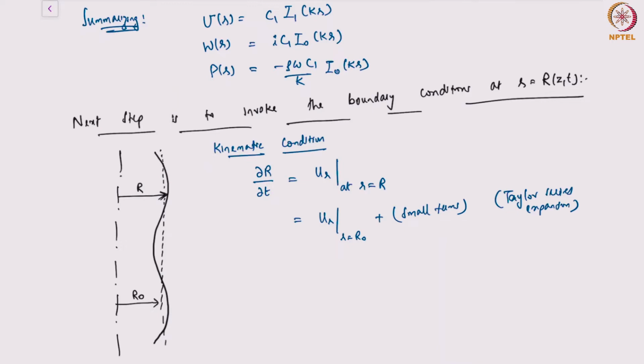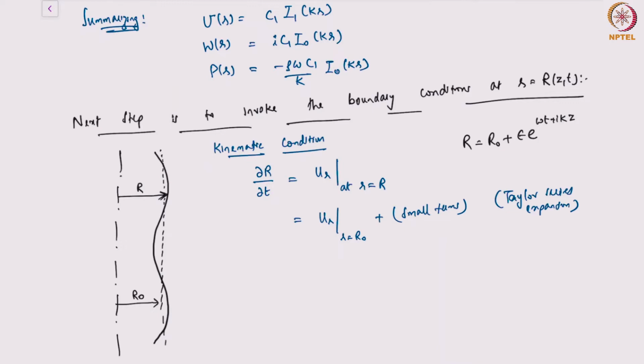Remember R is equal to R0 plus epsilon e power omega t plus I kz. The small terms that we are talking about will involve a product of the amplitude of the radius, that is epsilon in this case, multiplied by the derivatives of the velocity with respect to r.